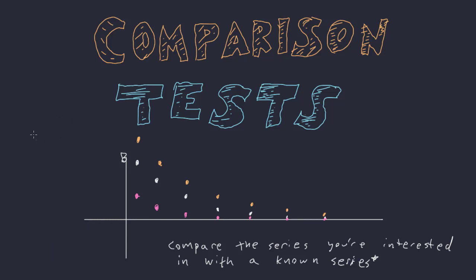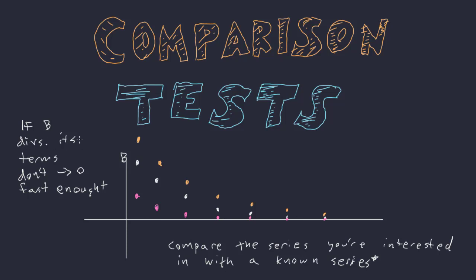Now, on the other hand, if B diverges, that means its terms either don't go to 0 or don't go to 0 fast enough. Not going to 0 at all is the same thing as not going to 0 fast enough, because you never actually get there.